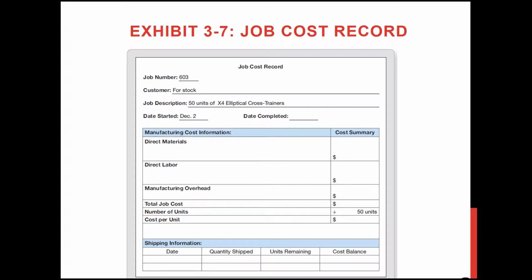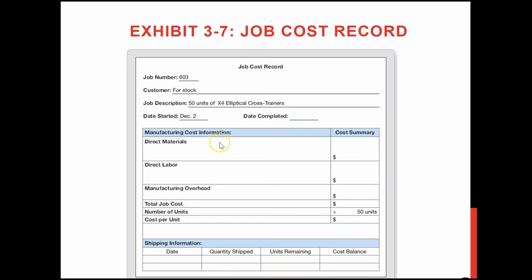Remember what I mentioned in our first class: each and every manufacturing company will record three types of costs that are related to their manufacturing process. And these three types of manufacturing costs are direct material cost, direct labor cost, and manufacturing overhead cost.